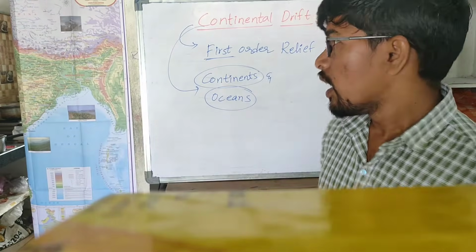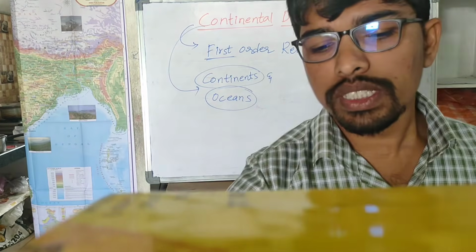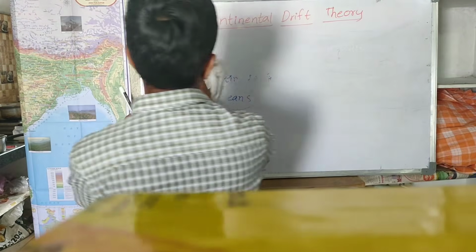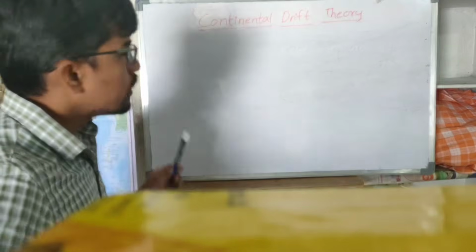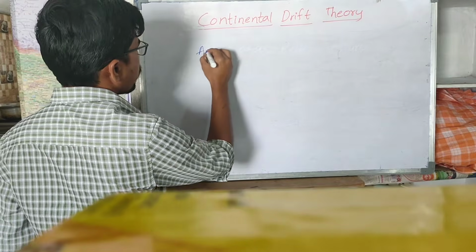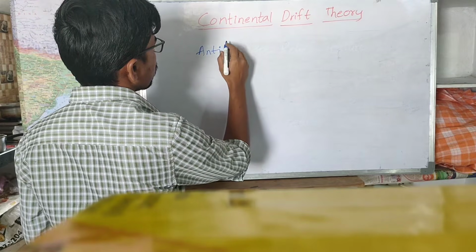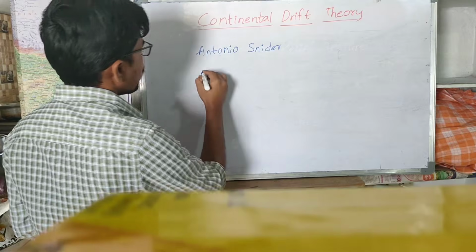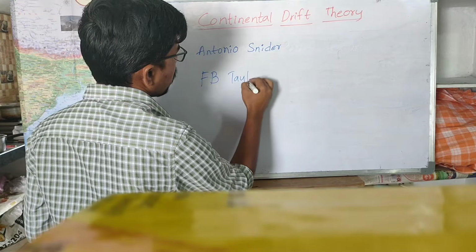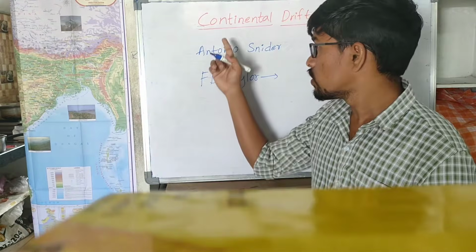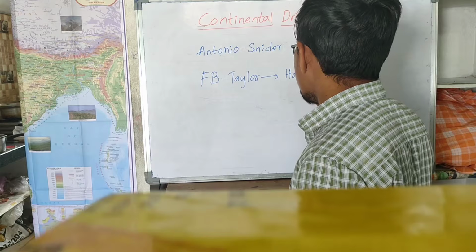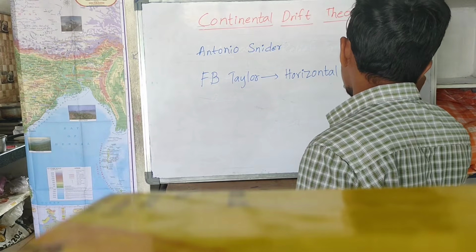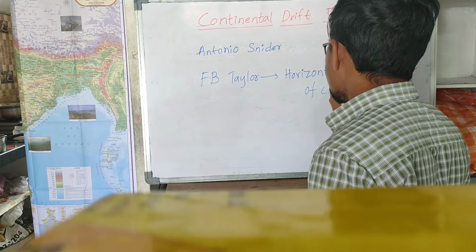This theory was earlier given by Antonio Snider, and later it was again given by F.B. Taylor as the horizontal displacement of continents.